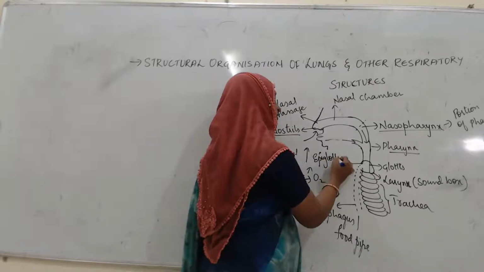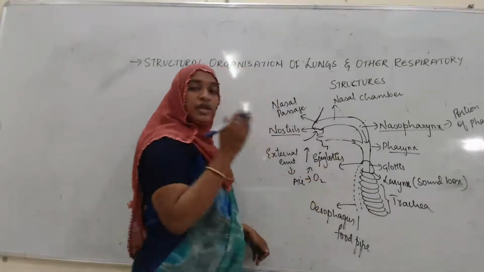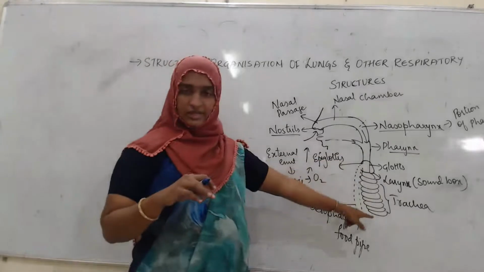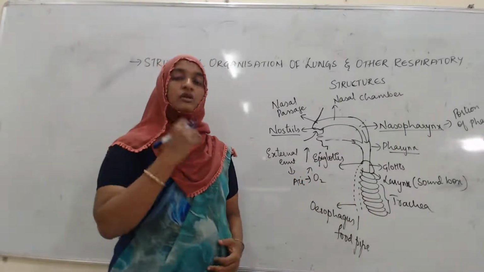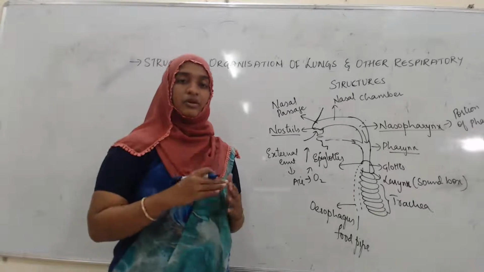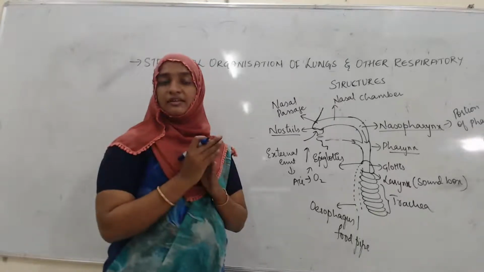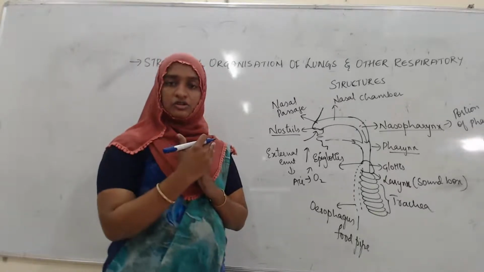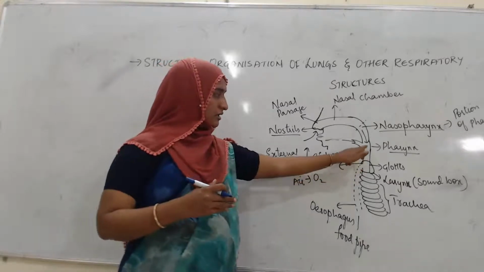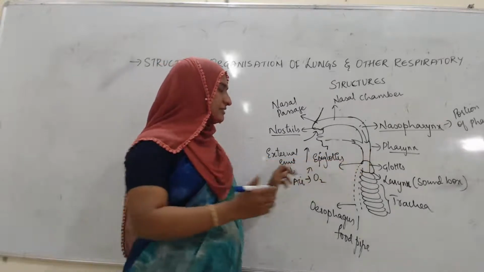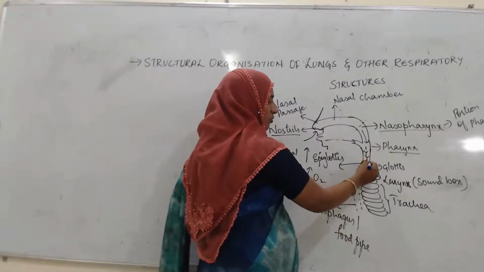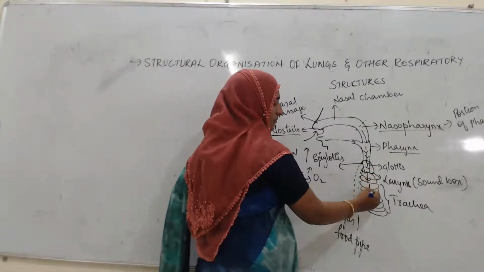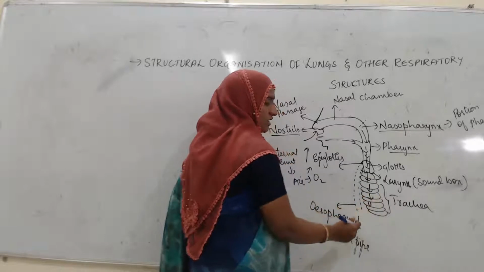The epiglottis allows air to enter the trachea. It will close while you are swallowing food. Epiglottis closes by the flap, and then the air is going to pass into the trachea.